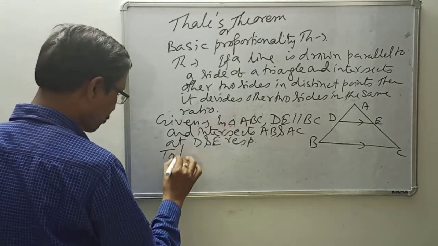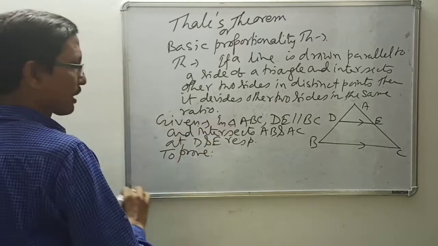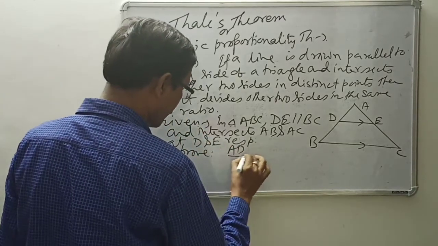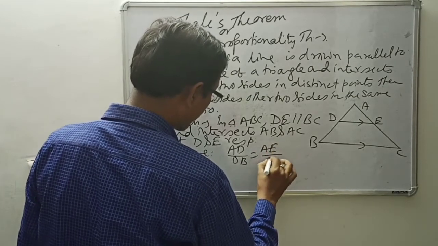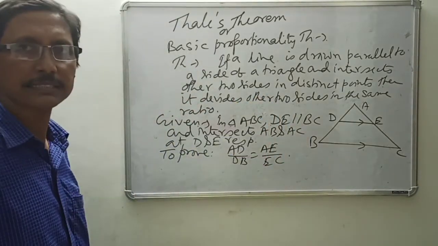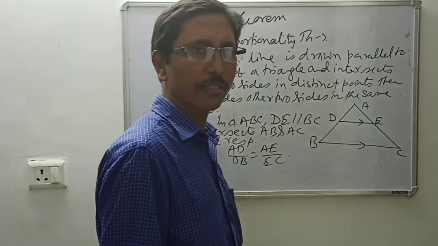Then to prove, AD by DB is equal to AE by EC. These two ratios to be proved.